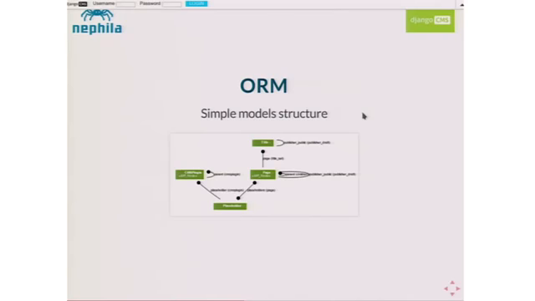So the basic models are these 4 models. Probably they're not very clear from a distance, but you have page here, you have title, and then the placeholder and the plugin. These are the 4 models I've shown before. There are other models around, but they're not that interesting.